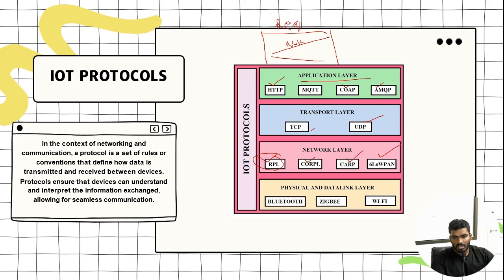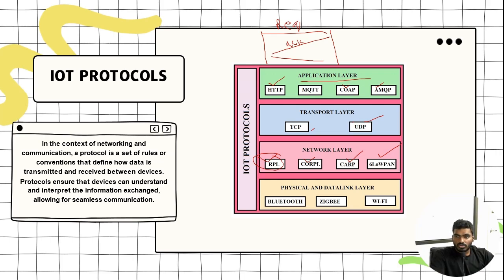Zigbee is a low-power, low-data-rate protocol widely used in industrial IoT and smart lighting systems. Wi-Fi, wireless fidelity, provides high-speed wireless connectivity commonly used in IoT applications like smart TVs and security cameras. So this is about the IoT protocols.